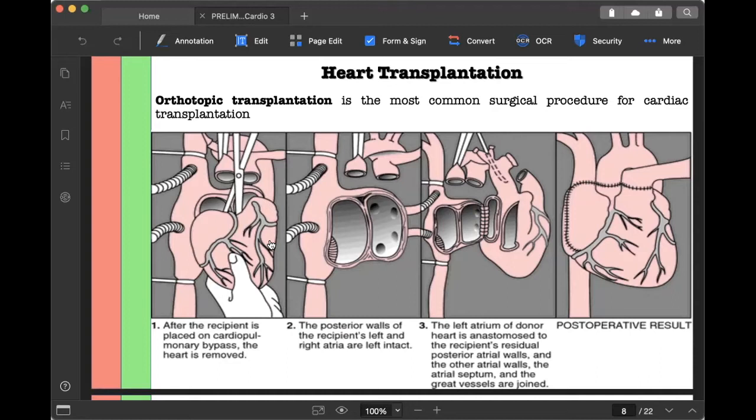Some surgeons prefer to remove the recipient's heart, leaving a portion of the recipient's atria with the vena cava and the pulmonary vein in place.